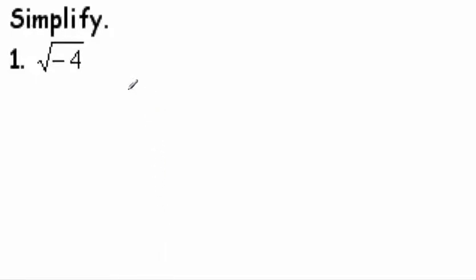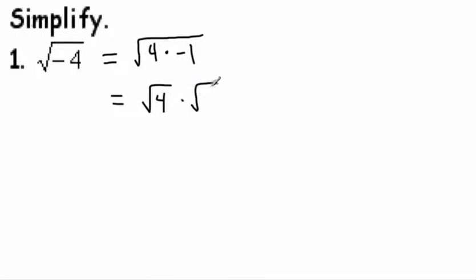It tells me to simplify the square root of -4. The first time I work this, you're going to see me put in a lot of detail, and I won't put as much detail later. I'm going to think of this as the square root of 4 times -1. I can split that up into two separate square roots: the square root of 4 times the square root of -1.